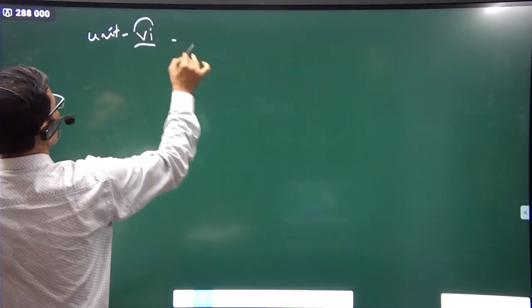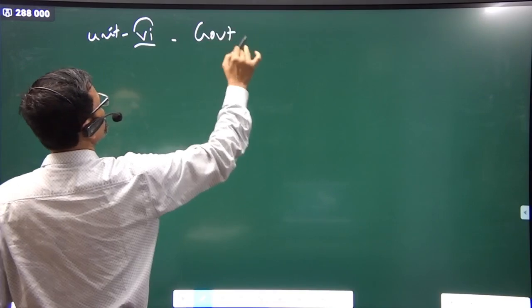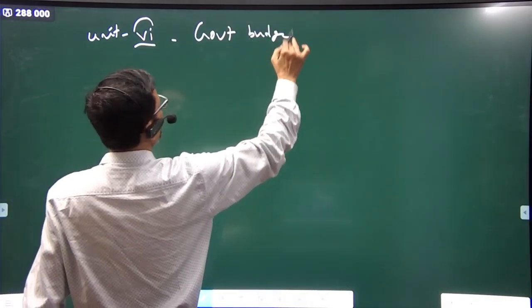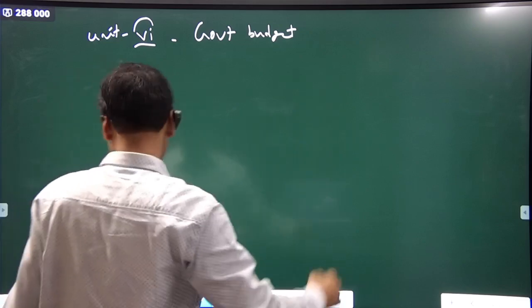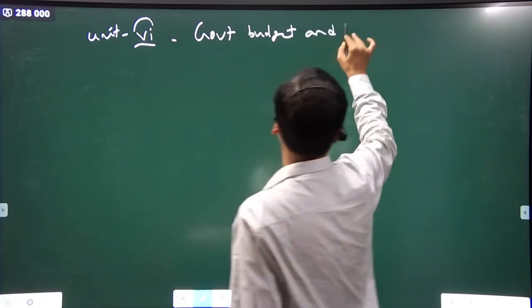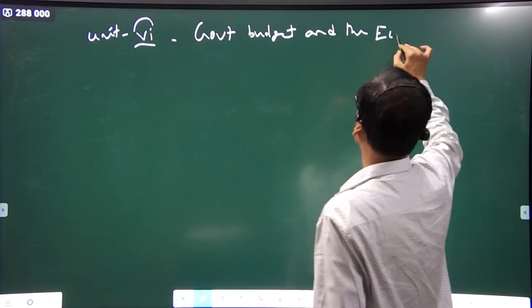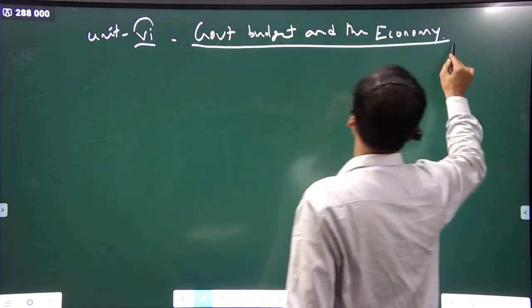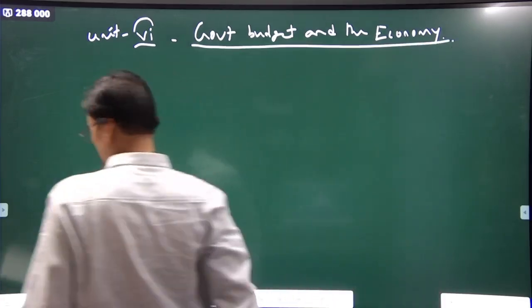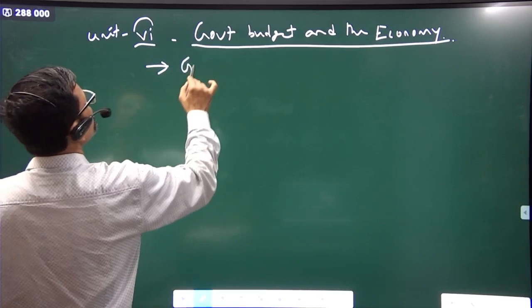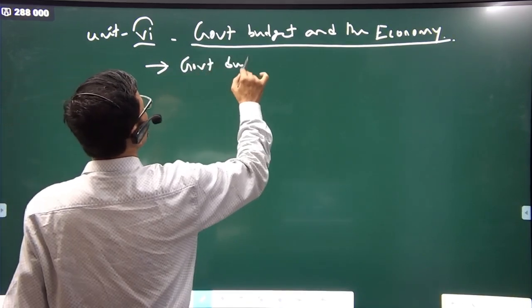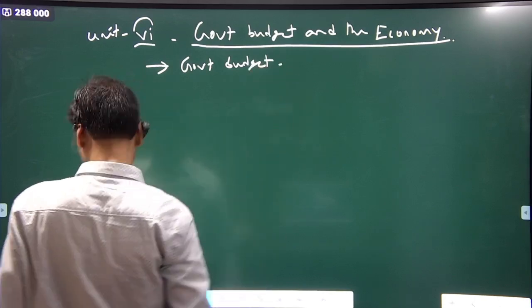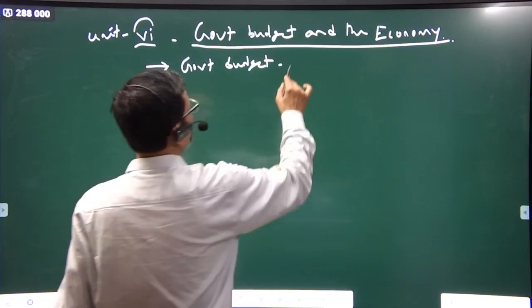Next, Unit 6, government budget. How the budget is prepared and how the budget impacts the entire economy. Here, under government budget, the subheading is meaning and its components.